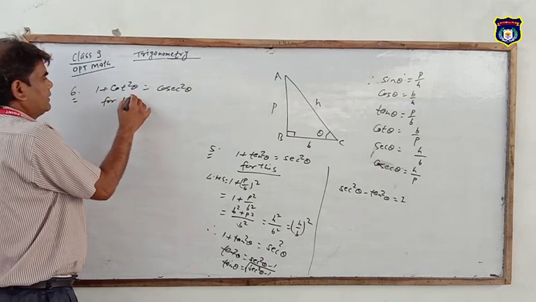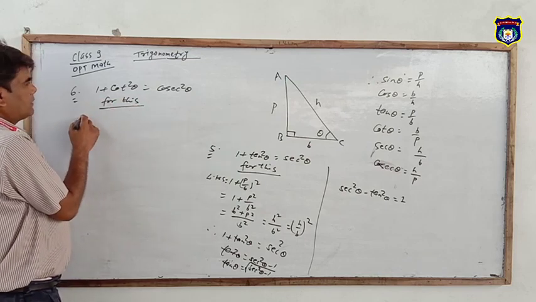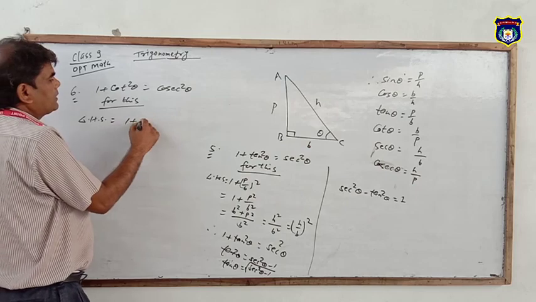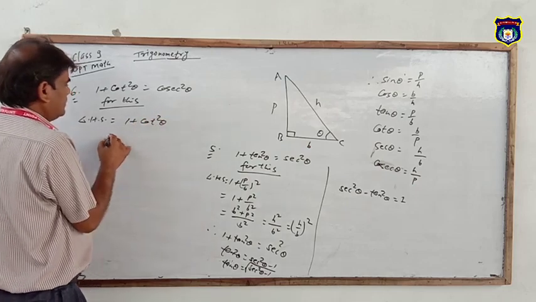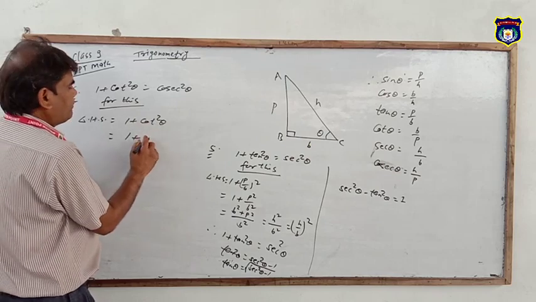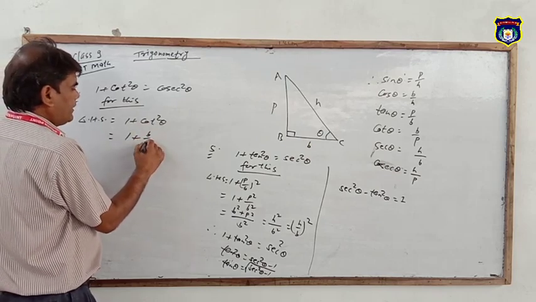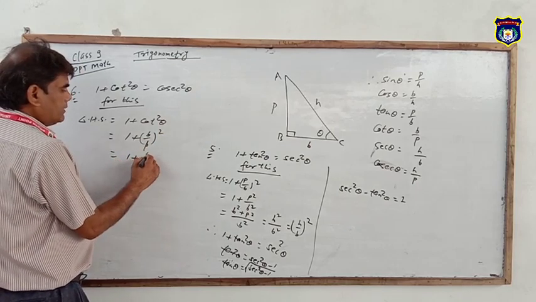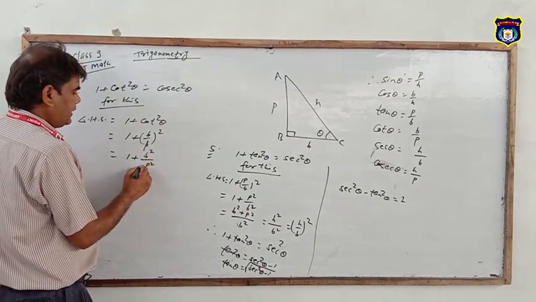For this, on the LHS, 1 plus cot square theta, 1 plus B by P square, 1 plus B square by P square.